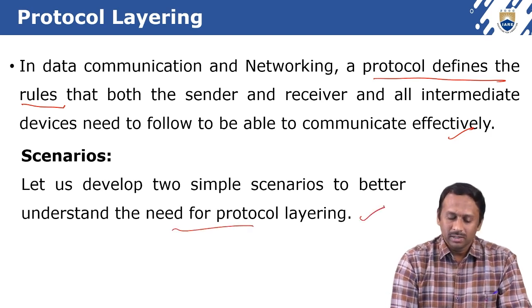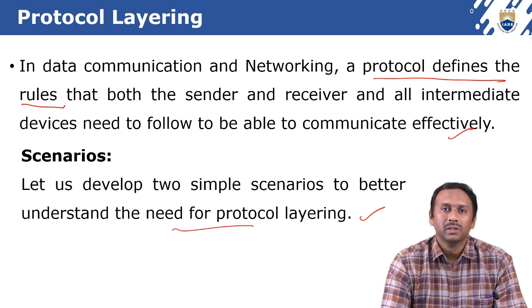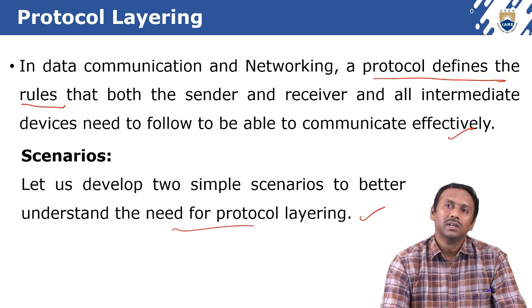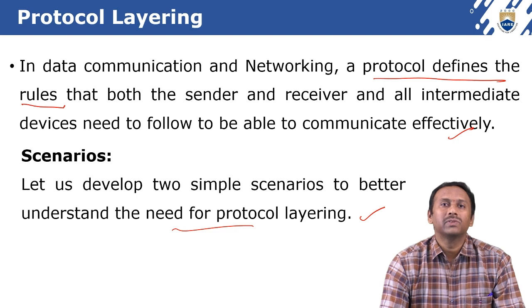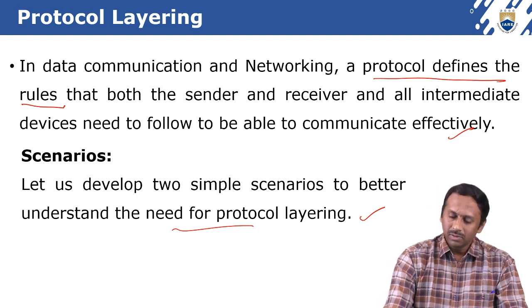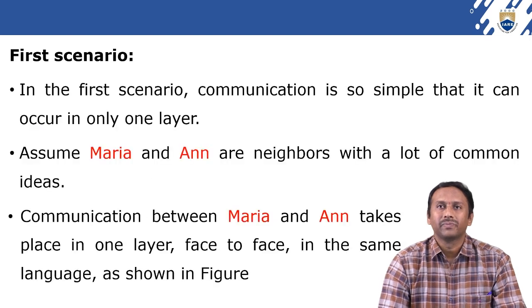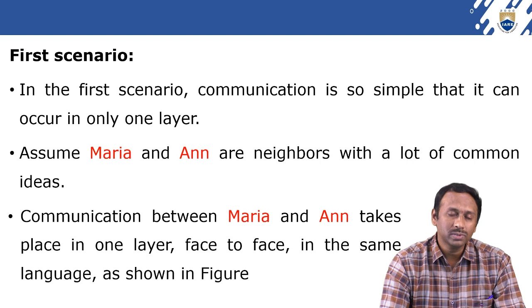In the next slide we'll discuss one example, a basic scenario. What happens if protocol layering is used between the communication of two people? We have considered two scenarios here.